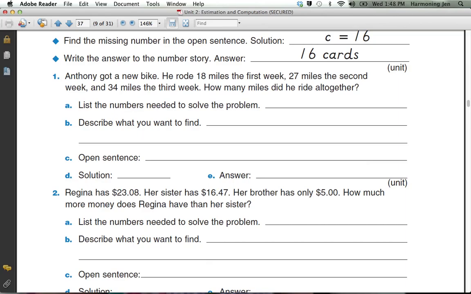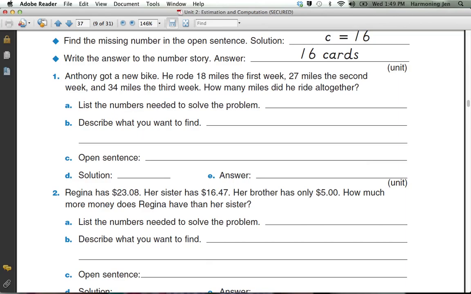Part C, we need to write an open sentence for this. There's possibly more than one possibility, but probably a best way to do it. Remember, your open sentence is going to have a variable. So what open sentence would you write there? If we're finding how many miles altogether, that's a clue that we probably want to add those miles up.